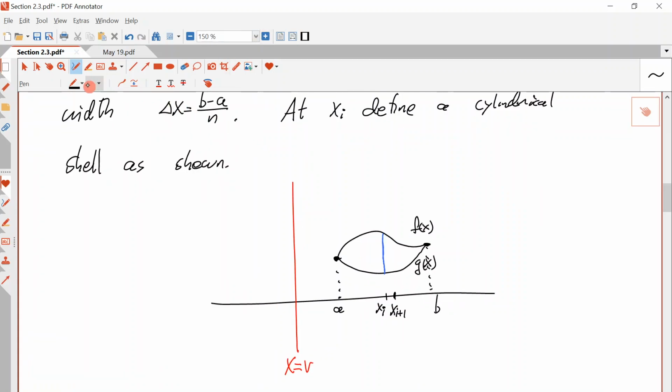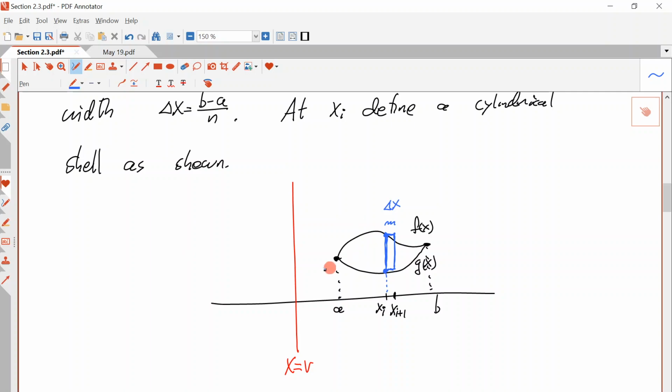Let's zoom in. Consider this length right here. It's f minus g. Now extend that length by a width of delta x. So this width right here is delta x.